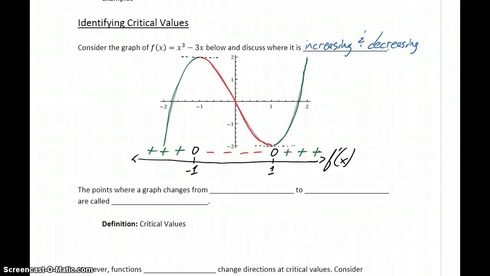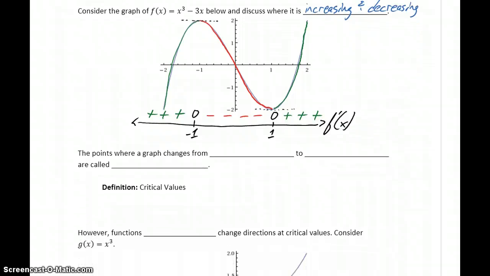So what we're interested in this module is constructing a sign chart for the first derivative, which would then help us understand the behavior of this graph. Here we've done that backwards. We started with the graph and used that to construct the sign chart. But in general, what we want to do is construct the sign chart so that we can understand the behavior of the graph for all values of x.